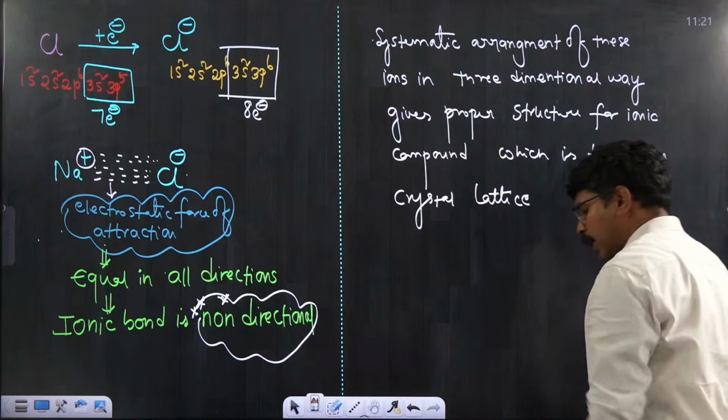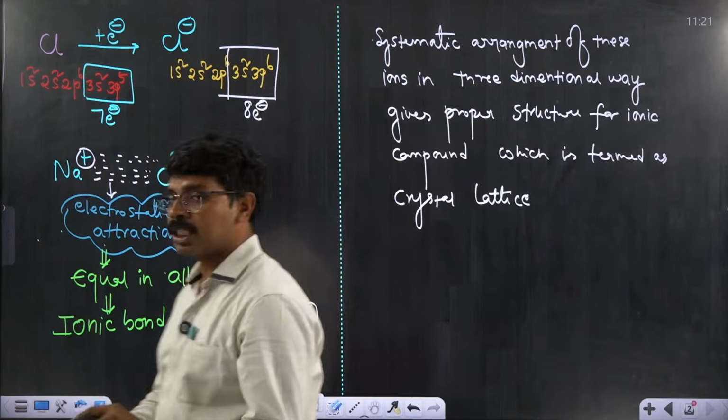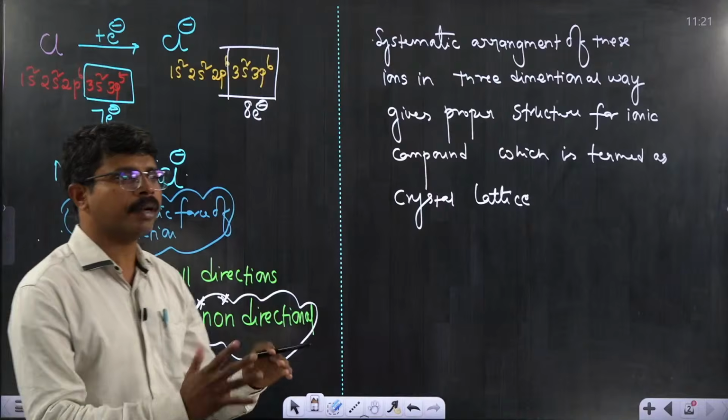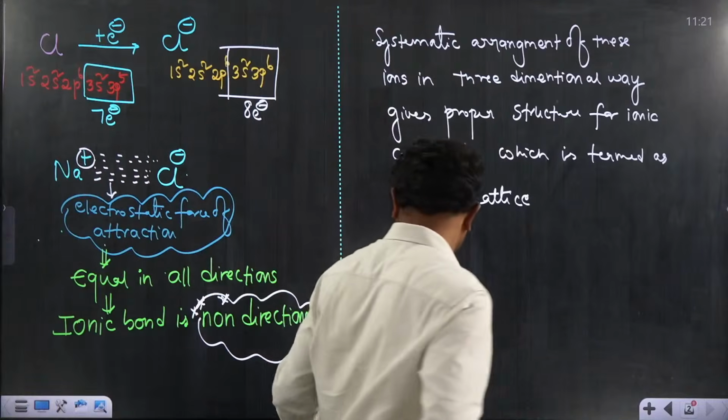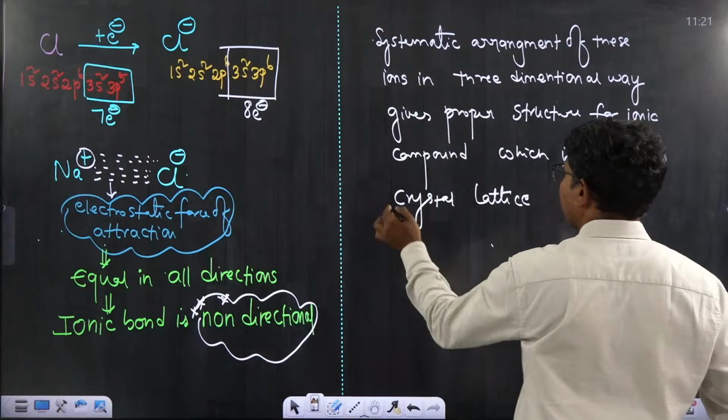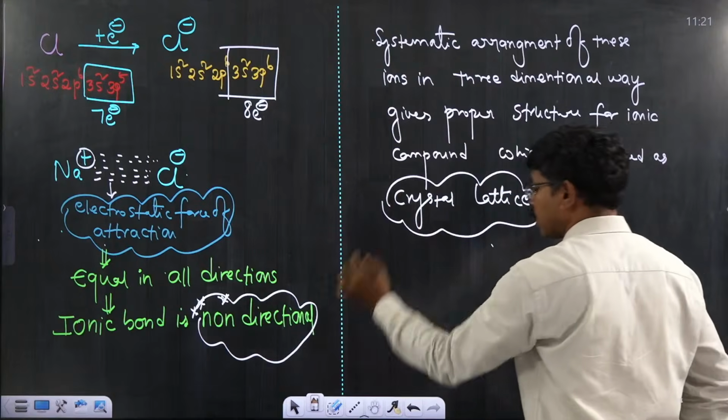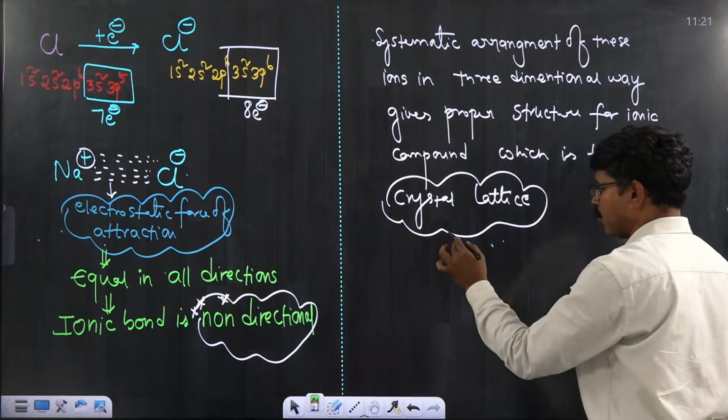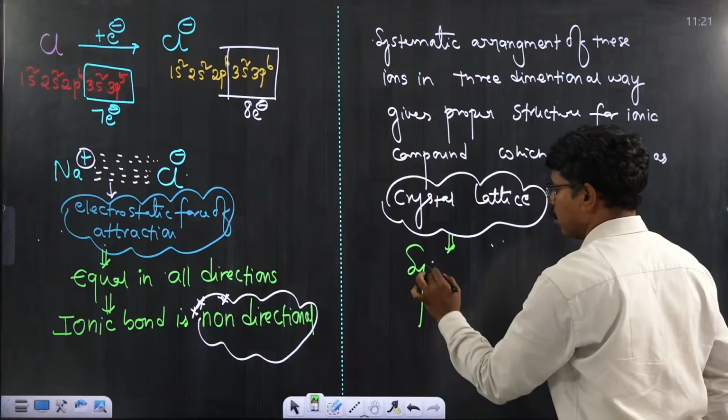What do you mean by crystal lattice? The systematic 3-dimensional arrangement of particles of an ionic compound is called a crystal lattice. Crystal lattice itself is nothing but the systematic 3-dimensional arrangement of oppositely charged ions of an ionic compound.